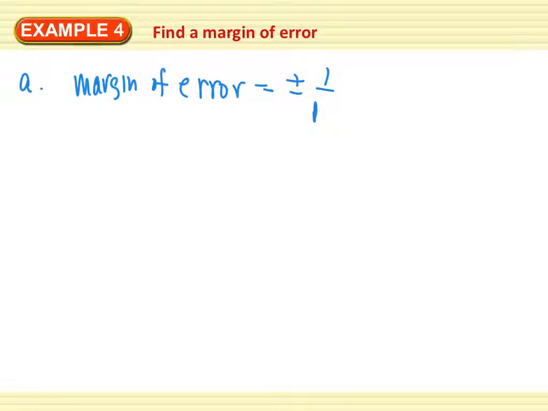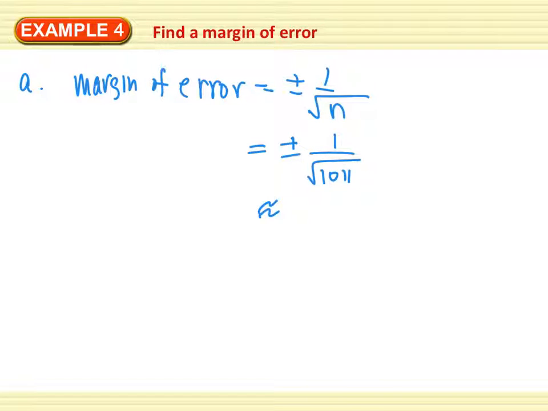So if we look at this, we want the margin of error formula. We know the margin of error is plus or minus 1 over the square root of n. We know that our sample size is 1,011 people.